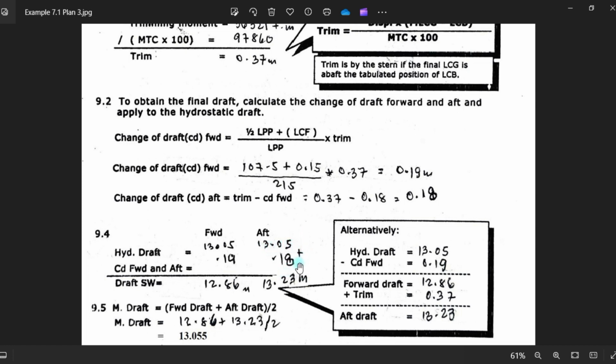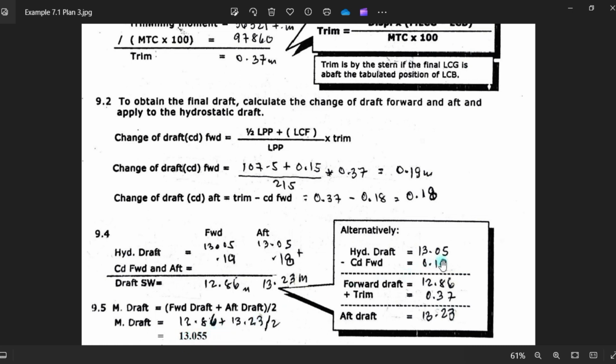Forward will be 12.86, and aft draft will be 13.23. Okay, and your mean draft will be forward and aft draft divided by 2, which is 13.055.